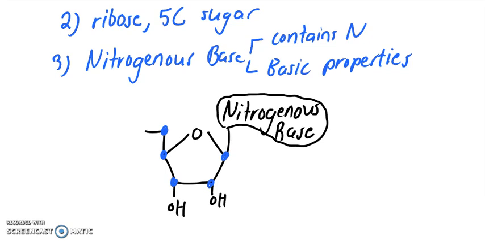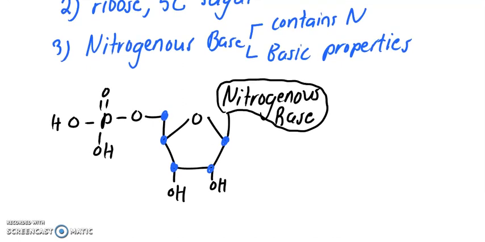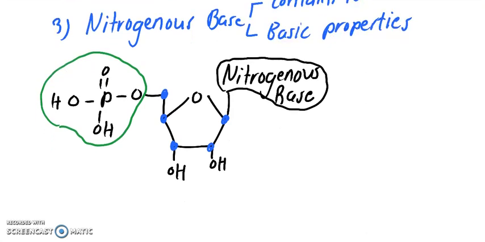And on this side, we've kind of seen this before, we have our phosphate group. It can come in this form where it has its protons. This is our phosphate group, but in this form it is very similar to phosphoric acid, because it has protons to give away.